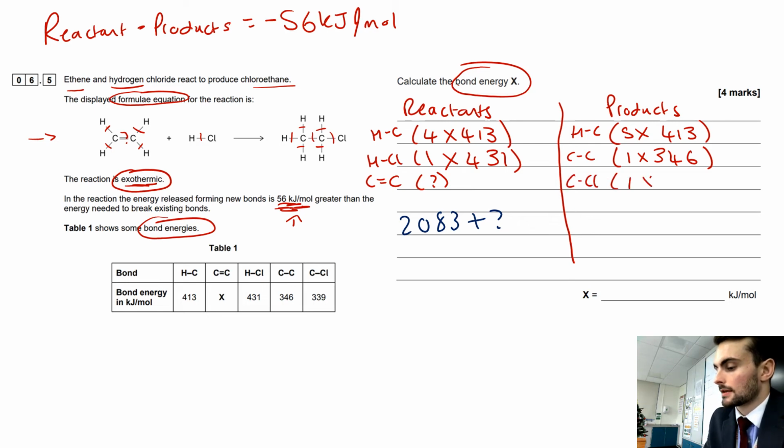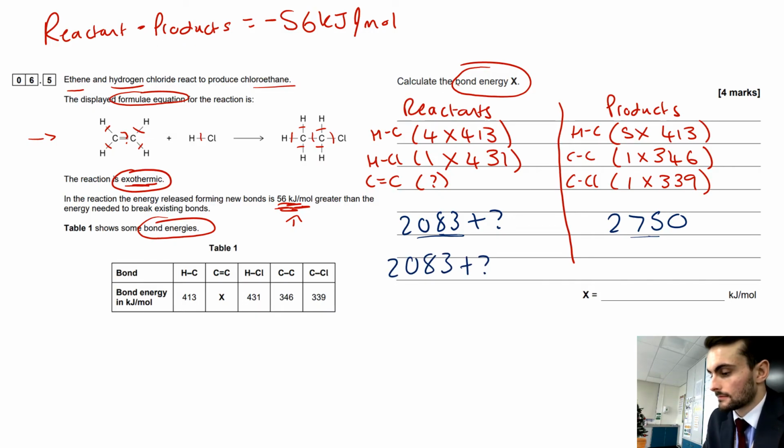So 1 times 339. And then you do total all of those. So you'll get 2,750. And then we know so far that if we do these, take away this, it is going to give us minus 56 kilojoules per mole. So 2083, add something, take away 2750 gives us minus 56.